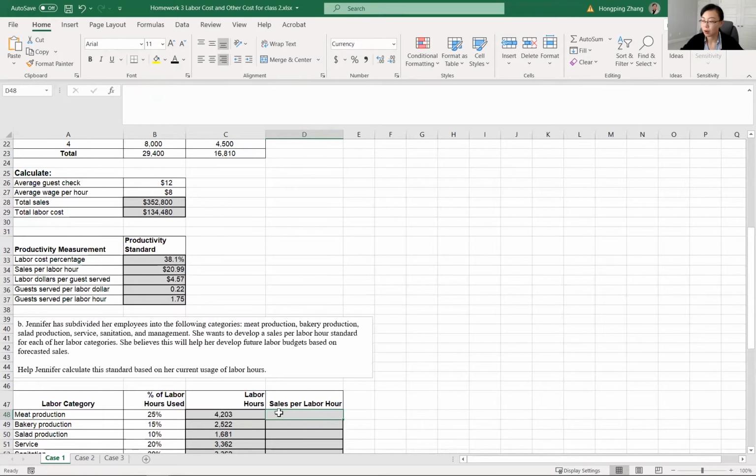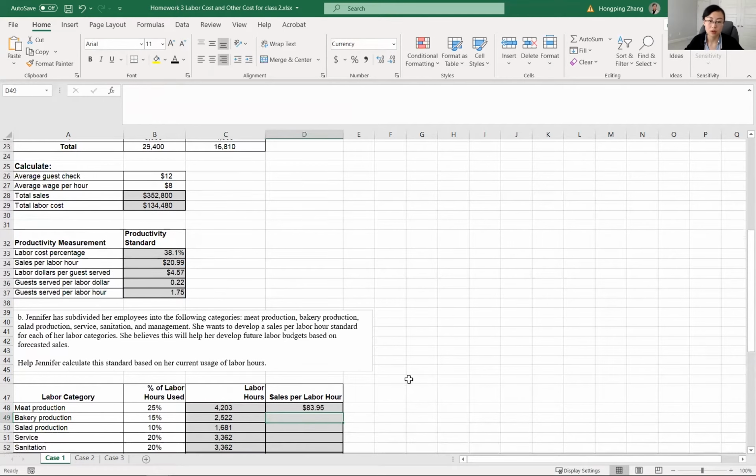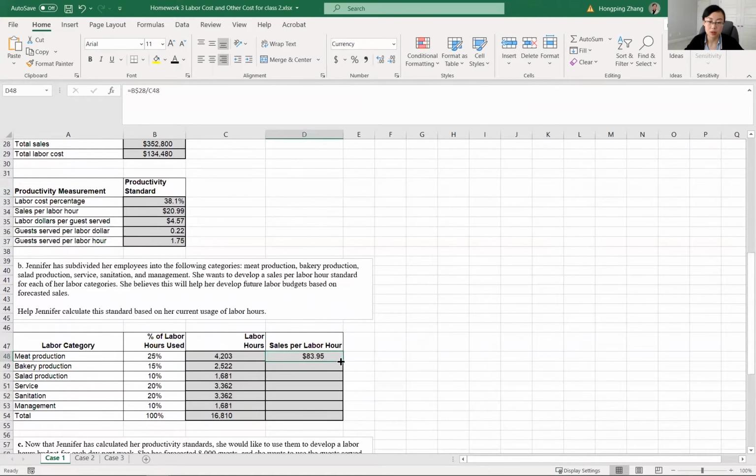So we go back to total sales, and again we always want to go back to this cell, so use the $ sign, divided by how many hours each position worked. And that will give us sales per labor hour for this column.